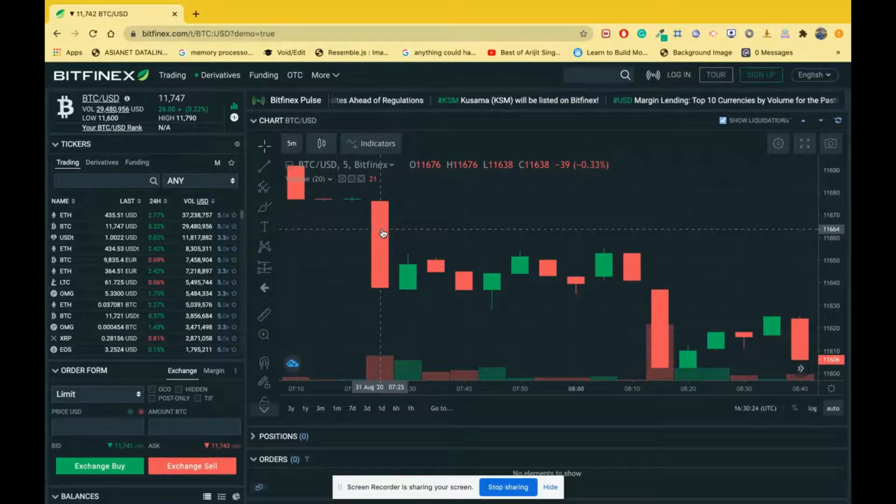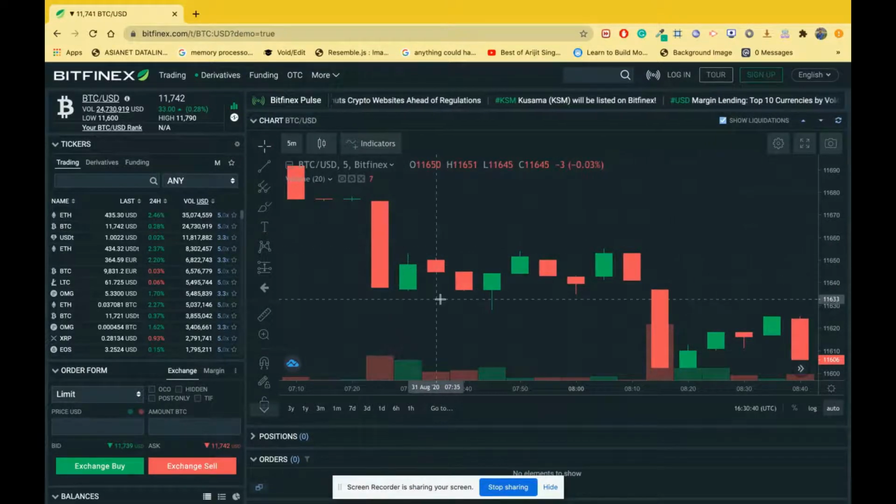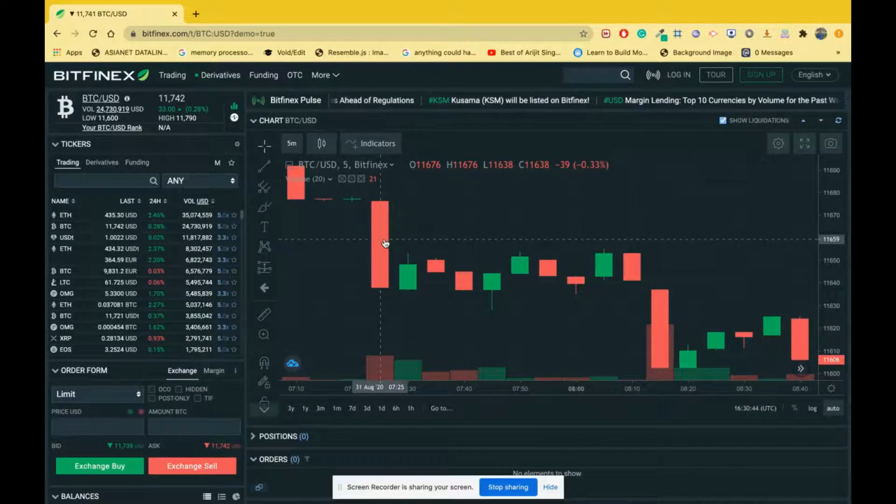Since this is a bearish candle, the open price always starts from the top and it ends at the bottom. In the case of a bullish candle, the open price starts from the bottom and ends at the top. The other information about the candle, like high and low, you can get from the candle itself.